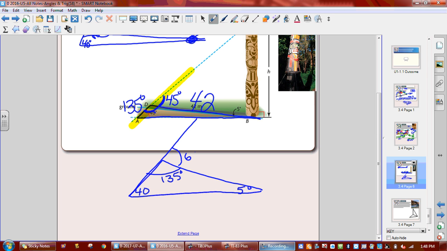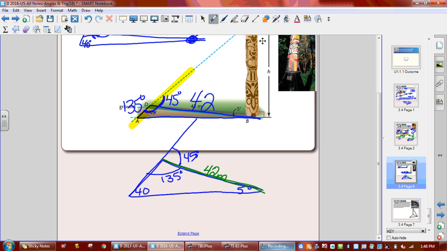This part's 45 degrees. Okay, does that make sense of what's going on there? And then this line is 42 meters. And that's this green line here. Okay, that's what we've got going on. And we want to find the height of the totem pole. That's what we're actually asked to find.